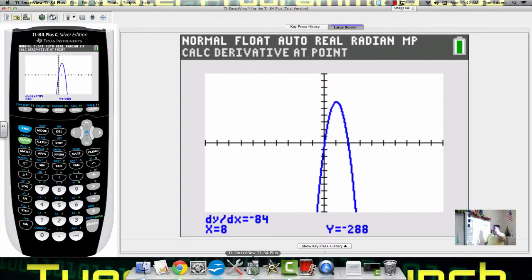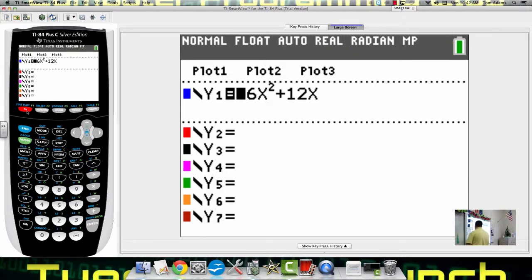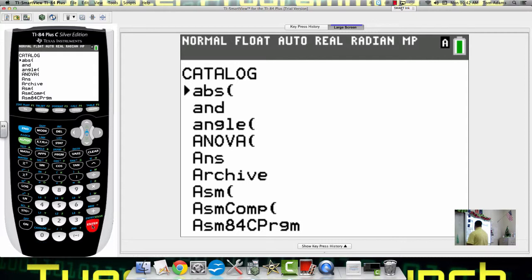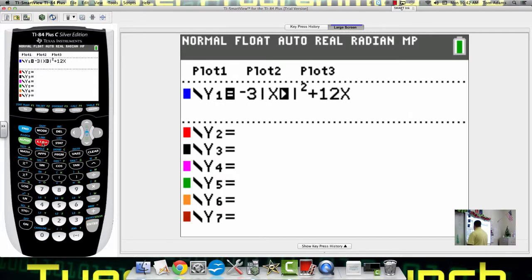Let's graph it, basically, is what we could do. So I'm going to come in here and say negative 3, second catalog, absolute value of x, close the parentheses, whoops. Oh, I should have cleared everything out before I did that.